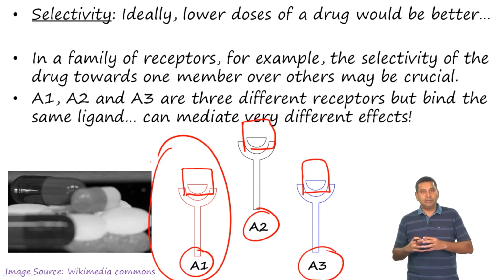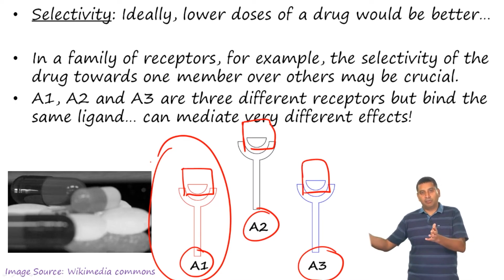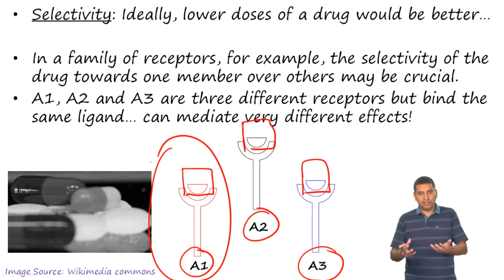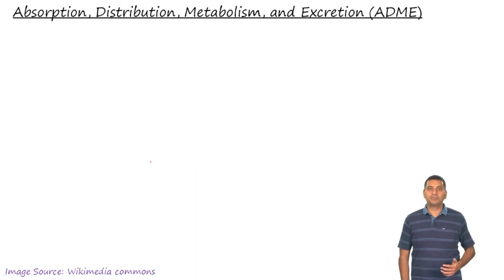So, this is an extremely challenging task, and it is very difficult to optimize it at this stage, but it is an important parameter that one needs to optimize. Even if we are able to achieve selectivity for 2 of the 7 members of a family, that is highly desirable. So, this is the next major parameter that we would want to optimize.